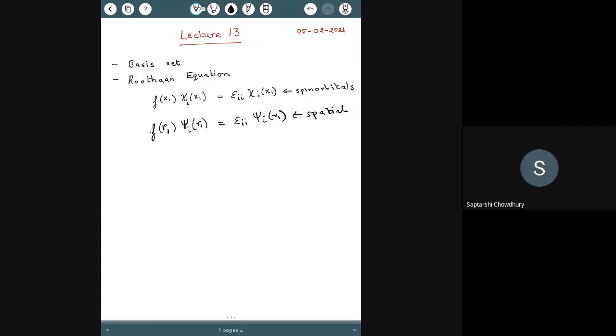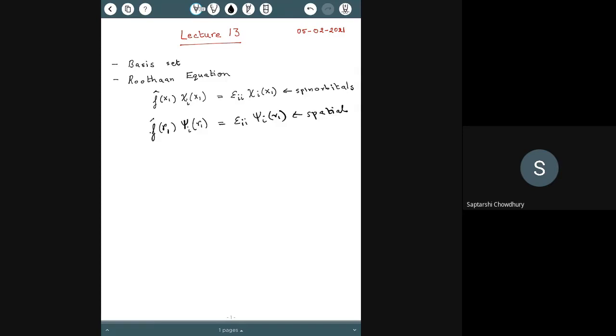So the first thing we must do is convert this equation, which is in operator form, into some sort of matrix equation which can be solved through algebraic methods as they are called.